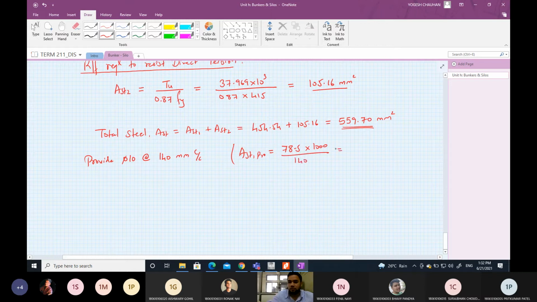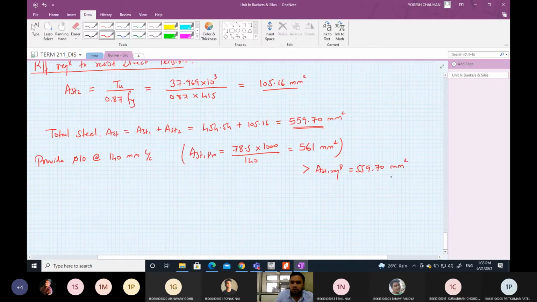That is 560.71, let us say 561 mm square. So this much steel is provided against the required 559.70 mm square, which is greater. So it is okay.